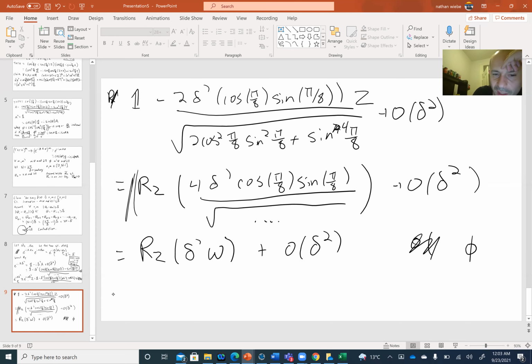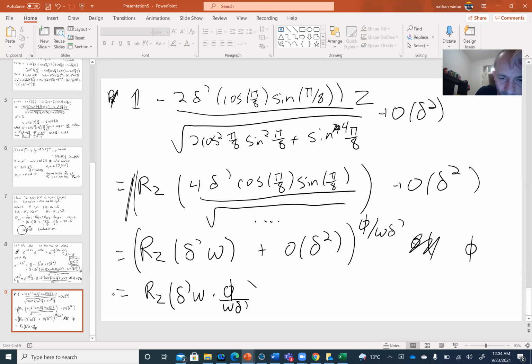Well, then we can just raise this to the power of phi divided by omega delta prime, which when we expand this out gives us RZ of delta prime omega times phi over omega delta prime.